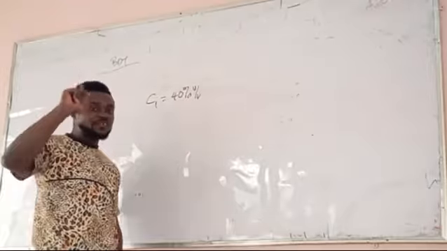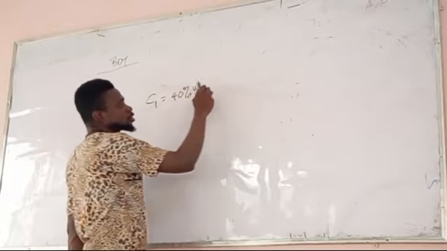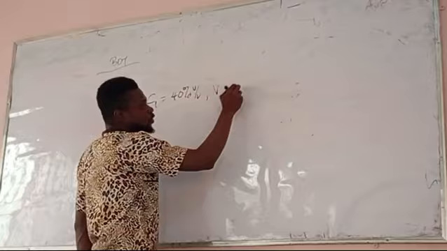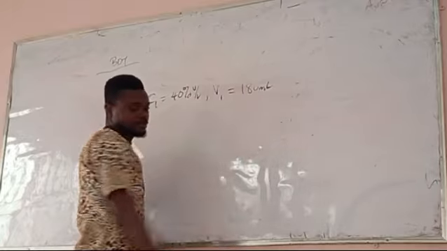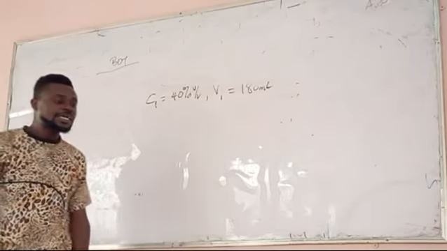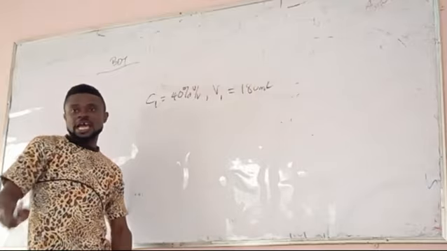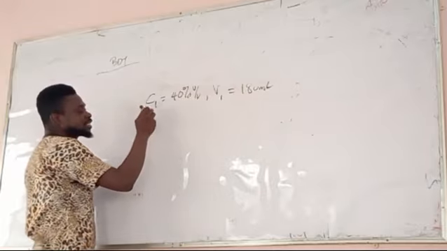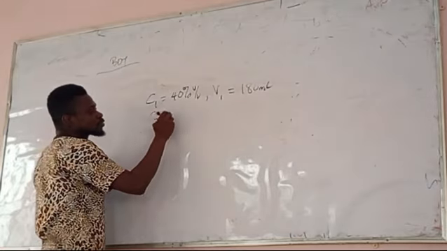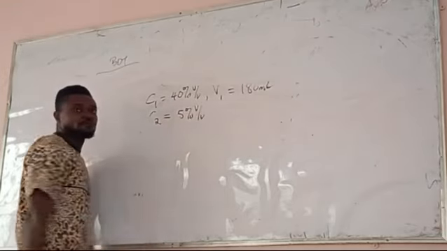And the volume of that solution, V1, is equal to 180 ml, right? Now, when water was added, everything changed. The concentration, which is C2, becomes 5% volume in volume.